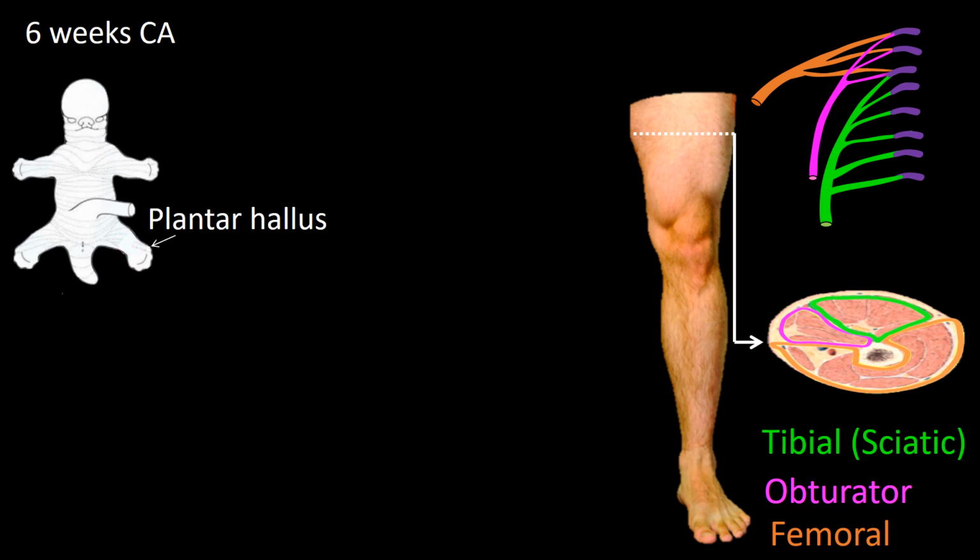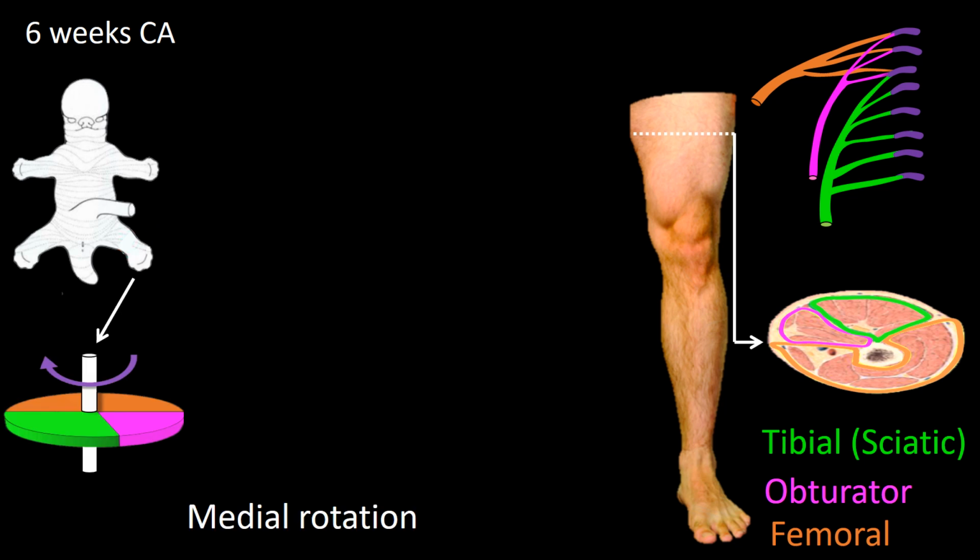At 6 weeks conceptual age, or just about, the embryo's limbs are extended with the palm and the sole in the same direction as the face. But it is at this time or shortly after that medial rotation of the lower limb starts, as indicated by the circle below corresponding to the left leg at the level of the mid-thigh.